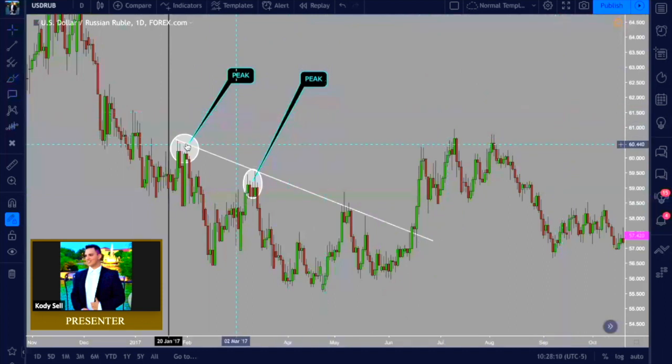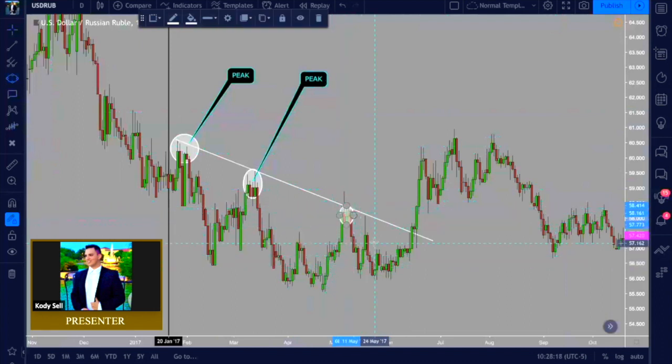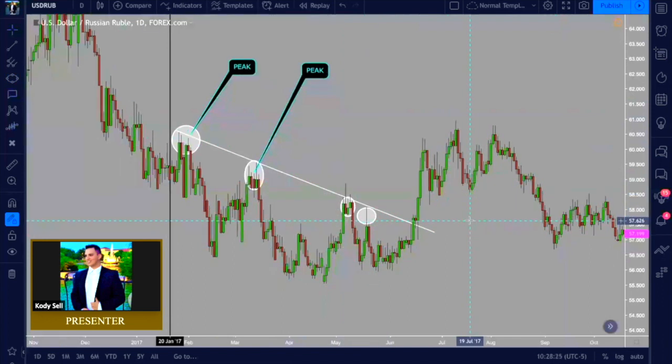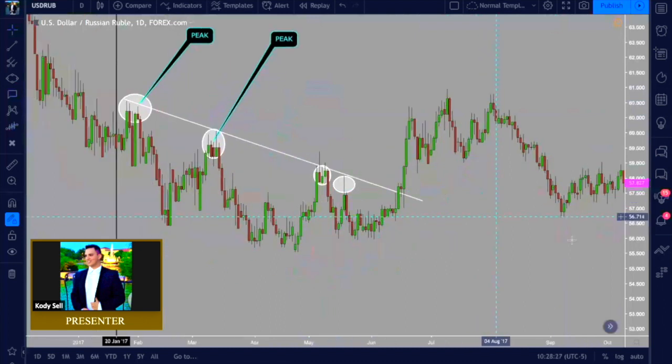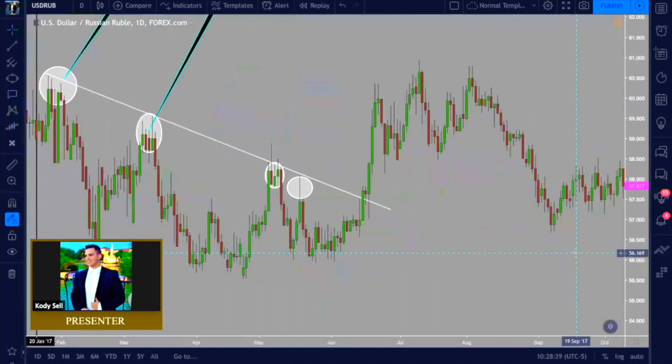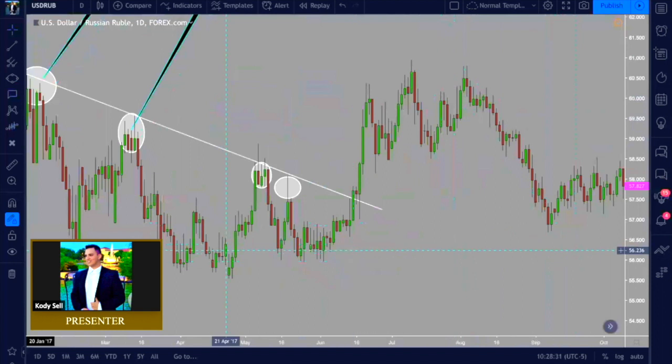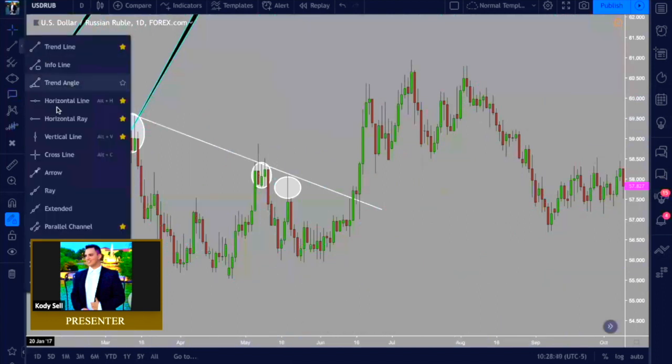So now, notice how when we connect these peaks, what happens when price gets back up? We fall again. And then price comes back up right here, we fall again. And then remember how when we discussed support and resistance horizontally, we discussed how we'd like to see that it takes strong momentum to break through the level. It lets us know that that level is indeed strong and something that we can rely on from a fundamental standpoint.